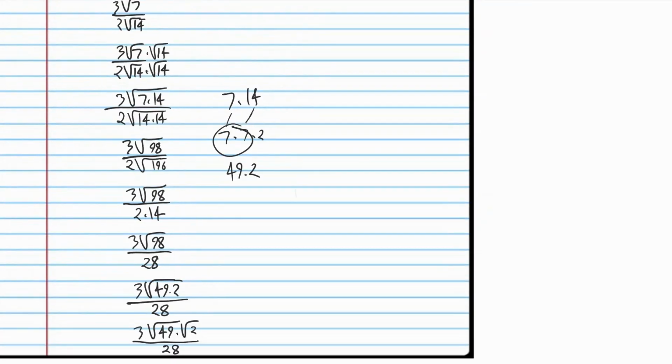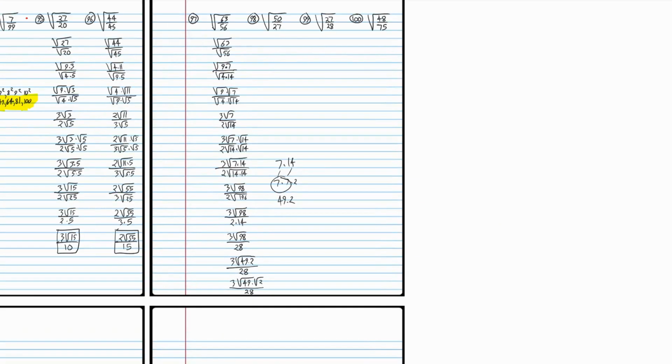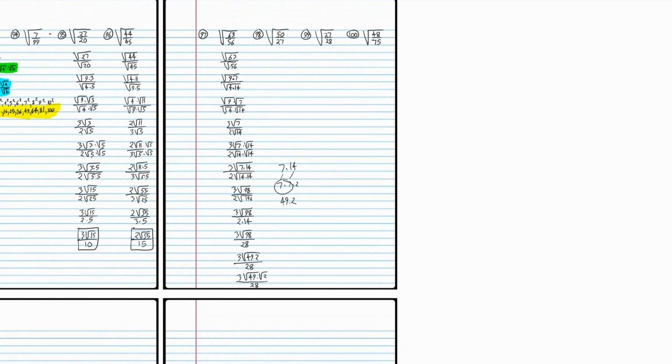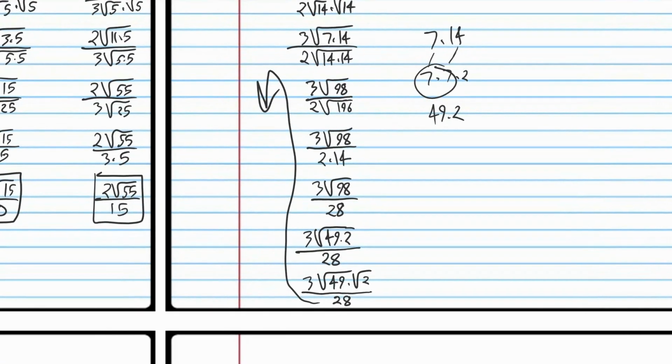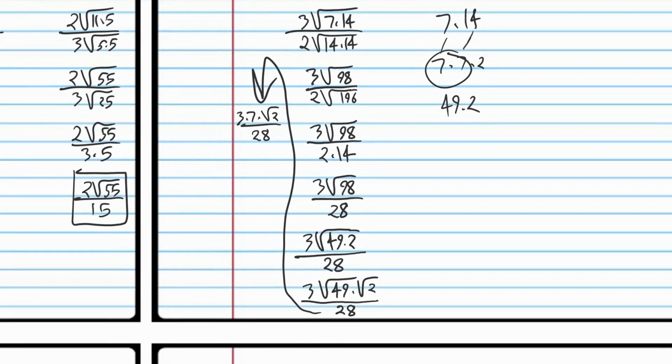And I'm kind of going off to the side here. I'm going to have to do an arrow. Whenever you run out of room, there's really nothing you can do except just draw an arrow. There's nothing else to do. If you don't have any more room on your paper, what else can you do? So 3 times root 49 becomes 7. And we see here, let's see, I'm just going to multiply.